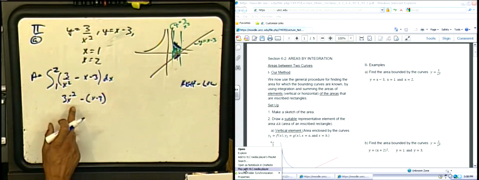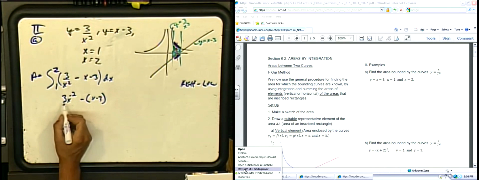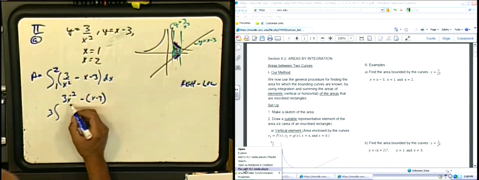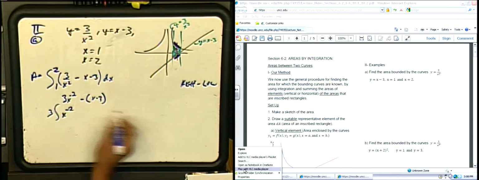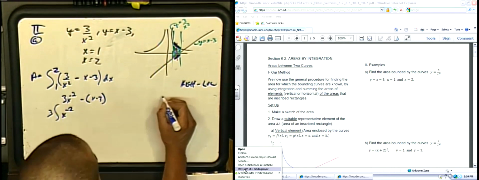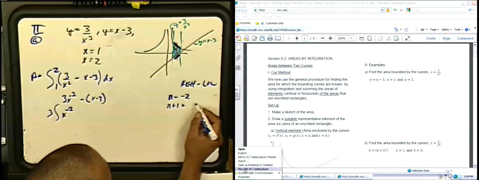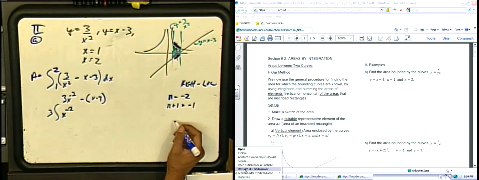I'm going to take the antiderivative of these. This is what I forgot to do last time, was bring that 3 back in. The antiderivative of x to the negative 2: n equals negative 2, n plus 1 equals negative 1.